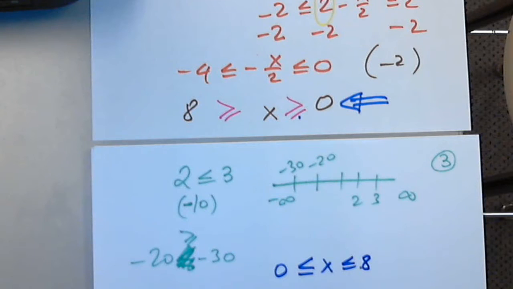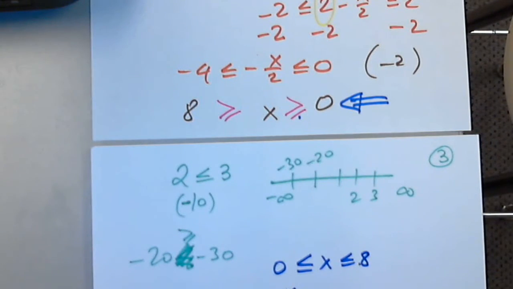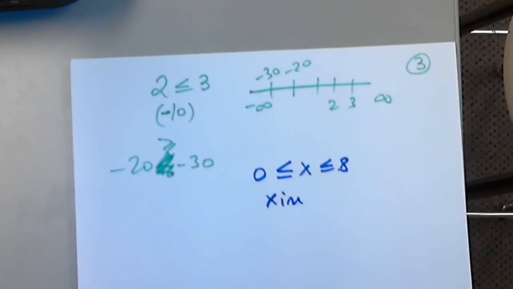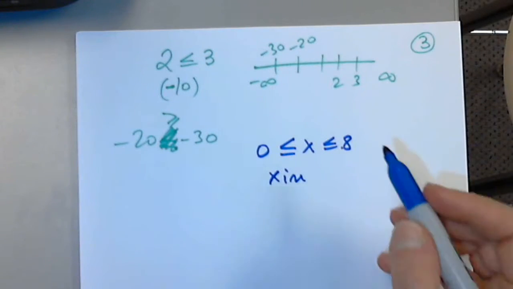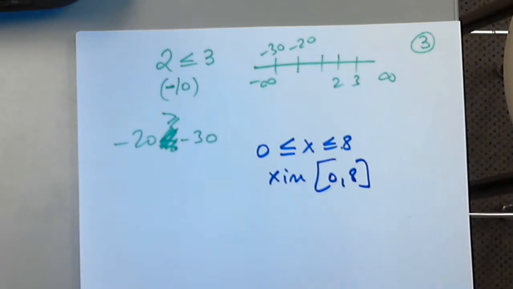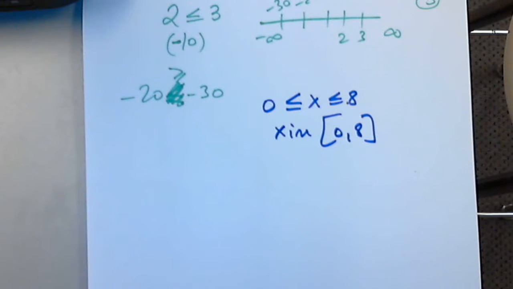Always present the inequality in the correct order so you don't make a mistake when you write the interval notation. So now, can anyone give us the interval notation? X is in the interval bracket 0, comma 8 bracket. Awesome. This is how we deal with inequalities with absolute value, and I would like to look at another problem.